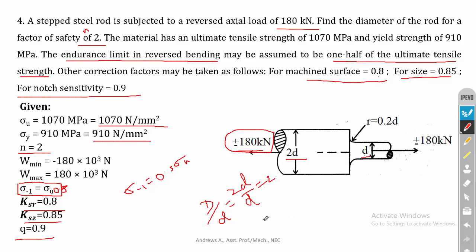And for R by D, R is 0.2 and D is D, so this is equal to 0.2. So these two data will be useful for calculating the KT value, and this is how you have to calculate the ratios. Okay, so try to solve the problem and find the diameter.